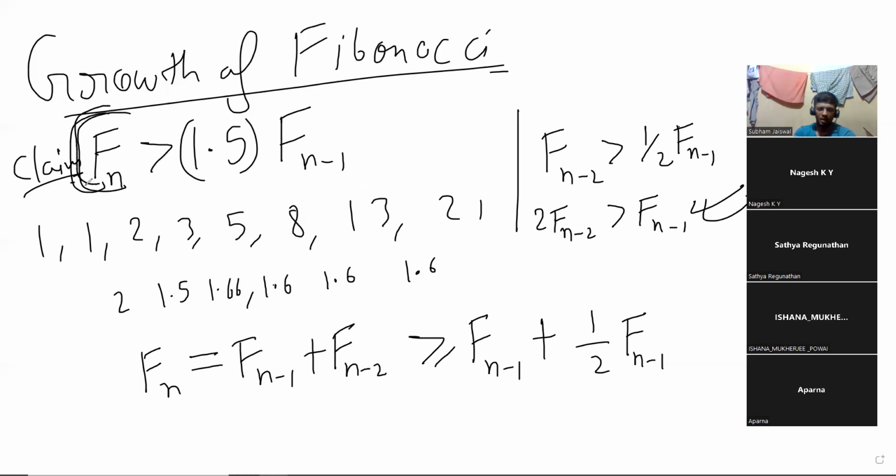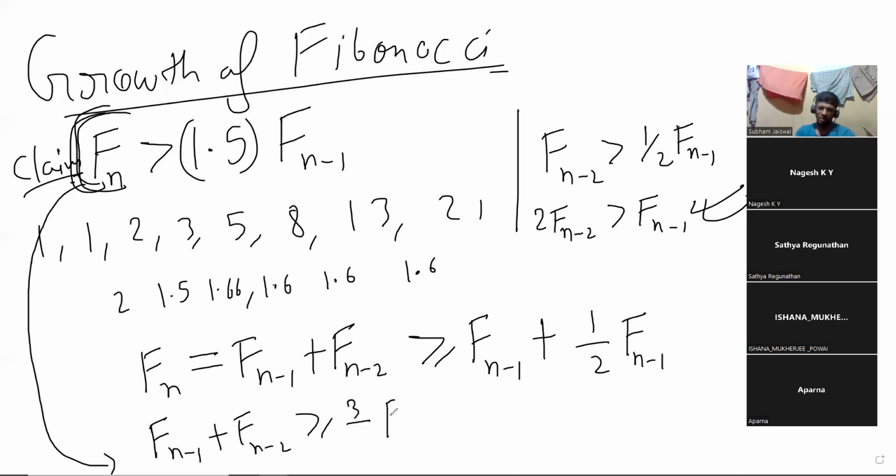So in place of Fn, you can write Fn minus 1 plus Fn minus 2 greater than 1.5 times Fn minus 1. That's the claim. And so basically proving that claim boils down to this.